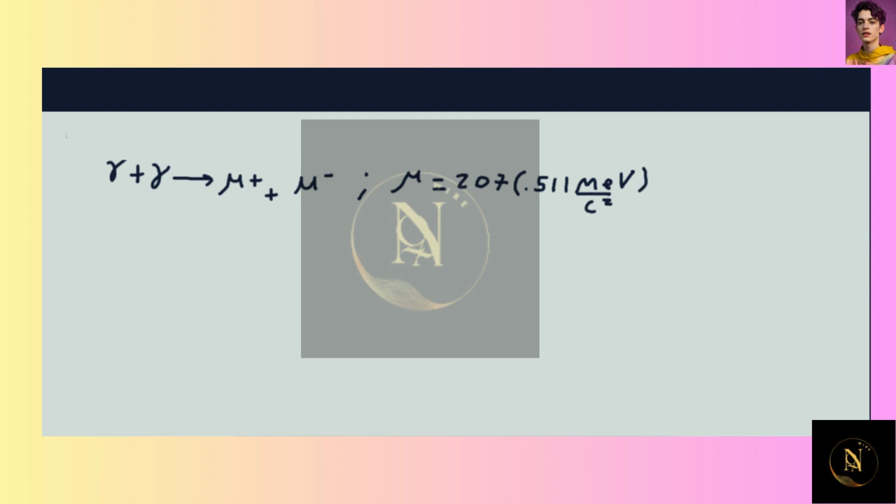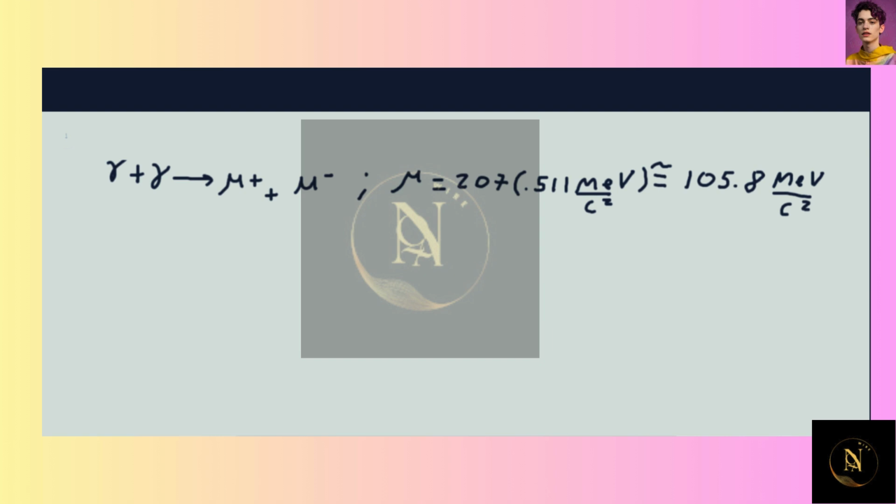Okay, and for a single muon, that's going to give us a value of 105.8 MeV per c squared. Now there's two muons, two photons, so one photon needs to supply that much energy. The other photon will supply the other amount of energy.